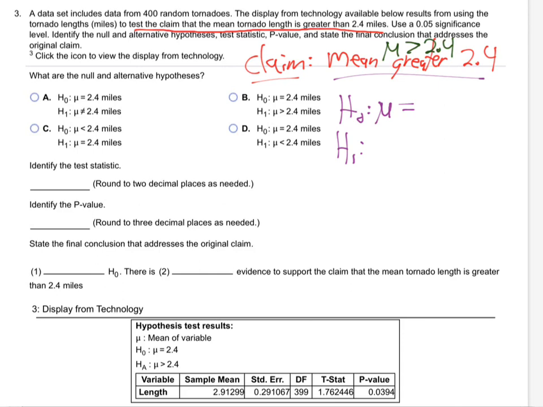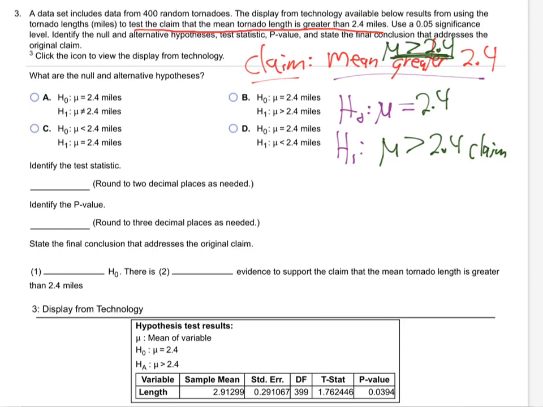Is that going to be H0 or H1? H1. It's got to be H1, because the H0 has got to be the equals. You tracking with me? The null is always equals. The claim is greater, so the claim must be on H1.